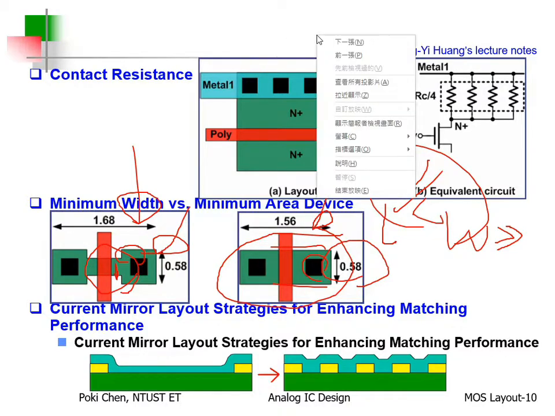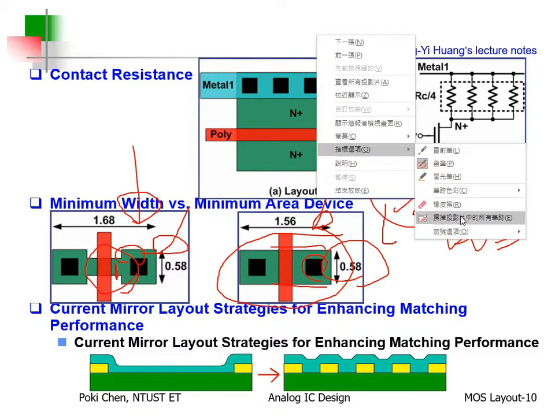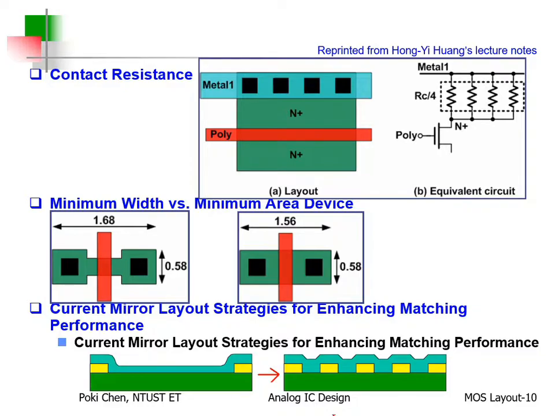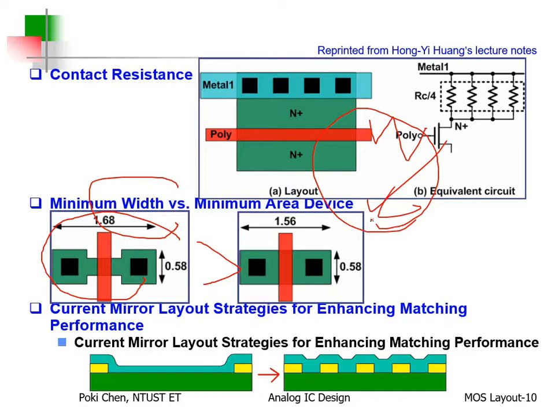So usually we don't pursue the, how can I say, the minimum W and L. It doesn't make any sense because it wastes in area, it is larger. It wastes your money. And according to W over L, I mean current driving capability, it is not so good as this one. All right? Keep this in mind, then we can go further.